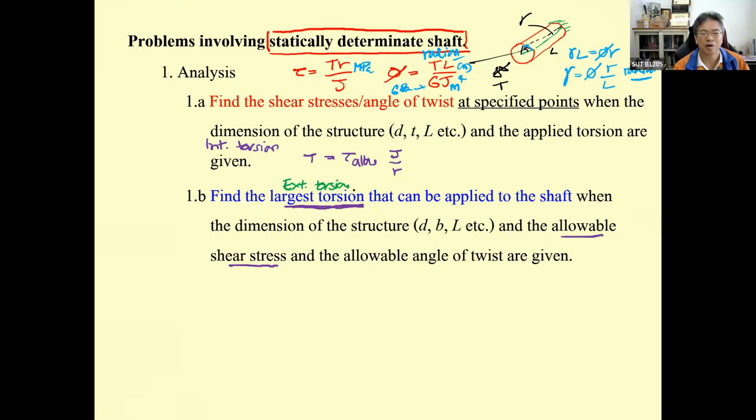Separate it. Okay, you may find it from the equation, but it's going to be the internal torsion. The same thing over here.